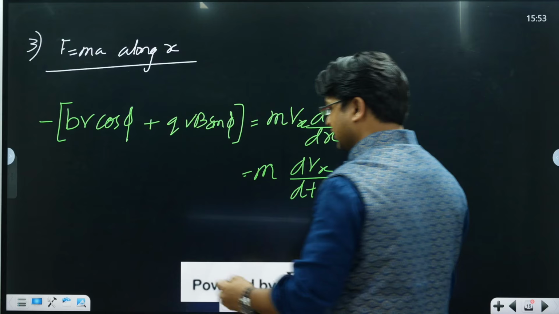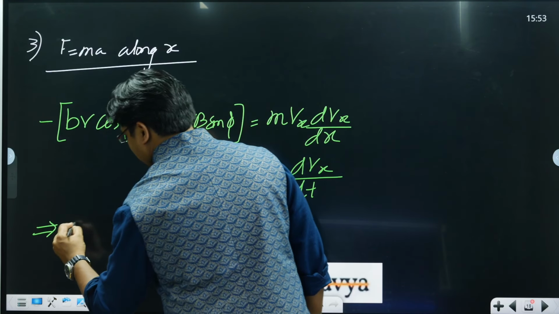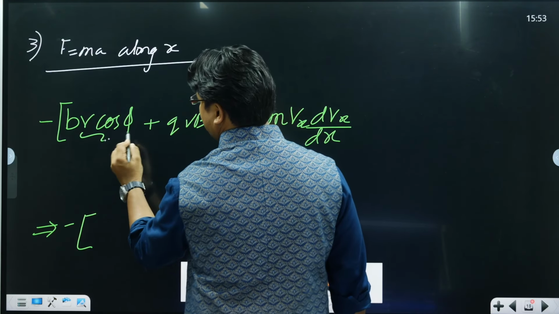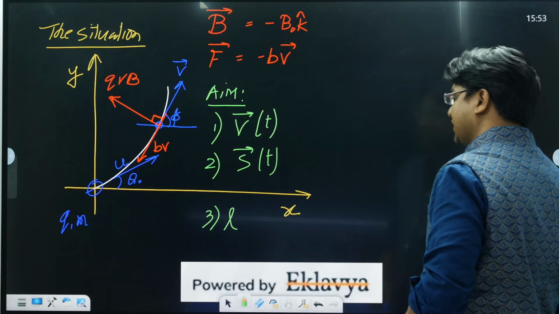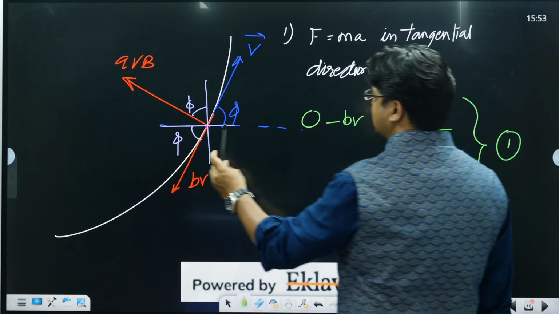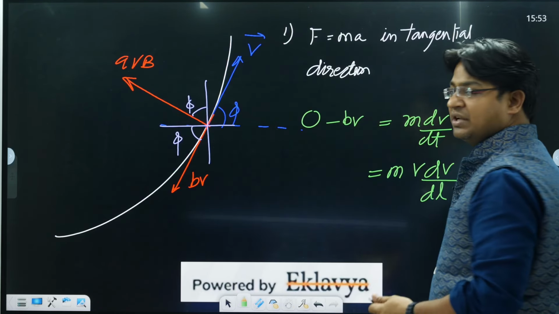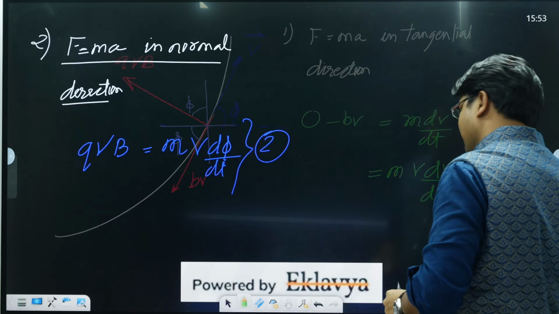Now there is another important thing to note, minus v cos phi. What is v cos phi? Let me go back. v cos phi is Vx, and v sin phi is Vy, the y component of velocity.